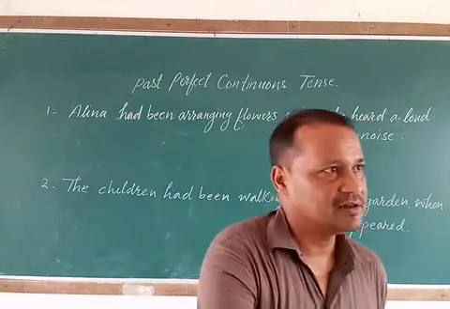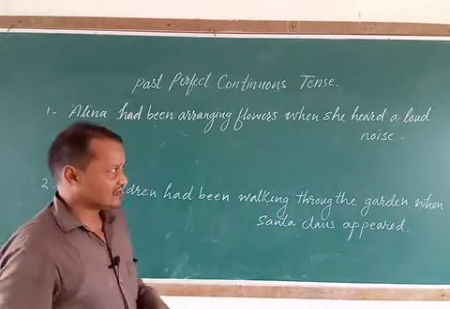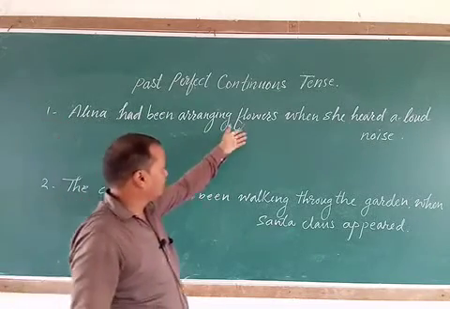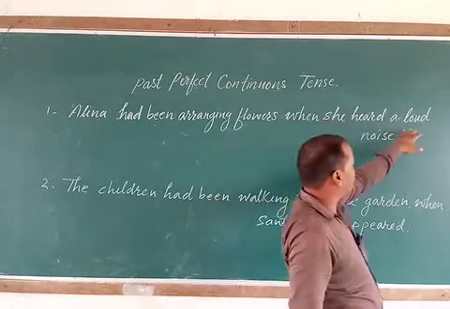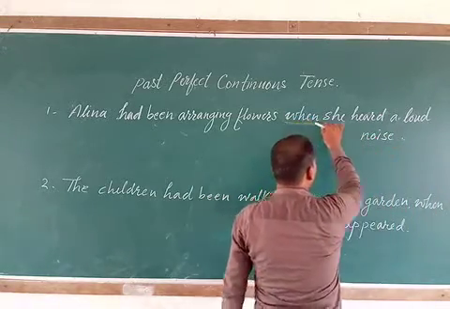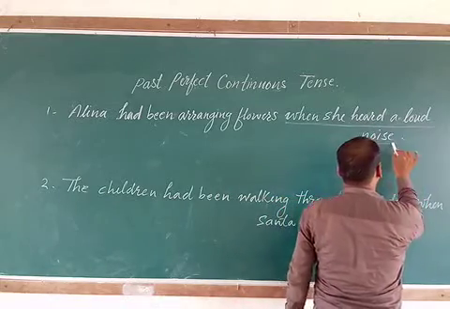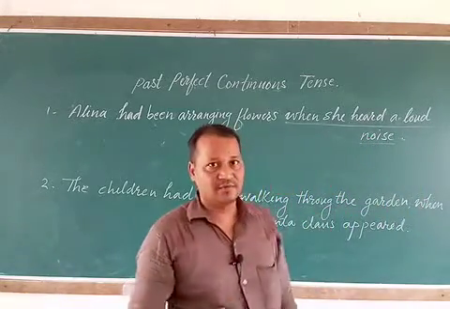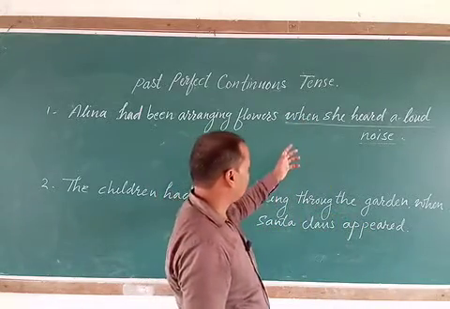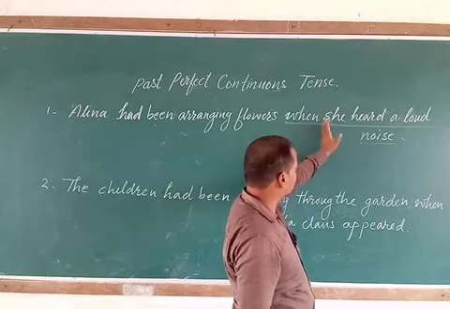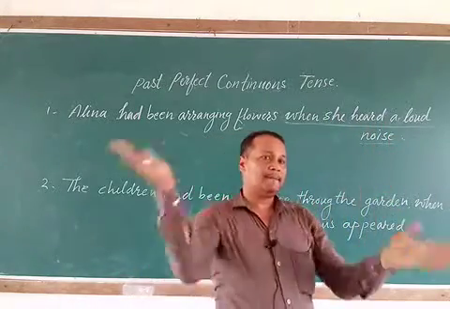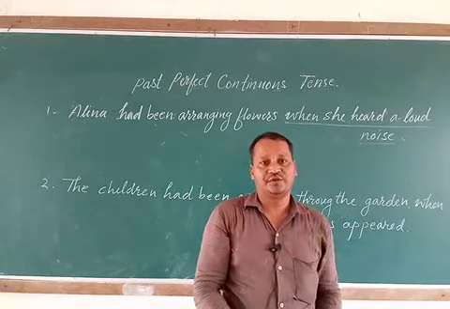So here you can see example expressions like this. Alina had been arranging flowers when she heard a loud noise. So it is a point of time when she heard a loud noise, and we are talking about that incident. An action had started before that point of time.